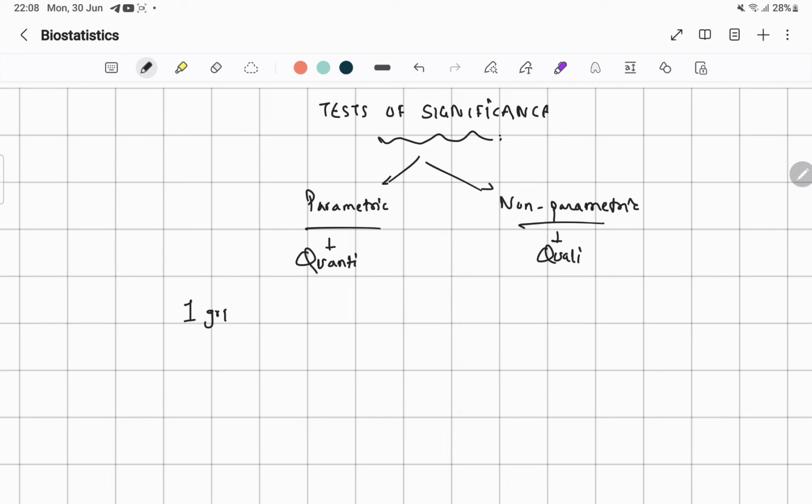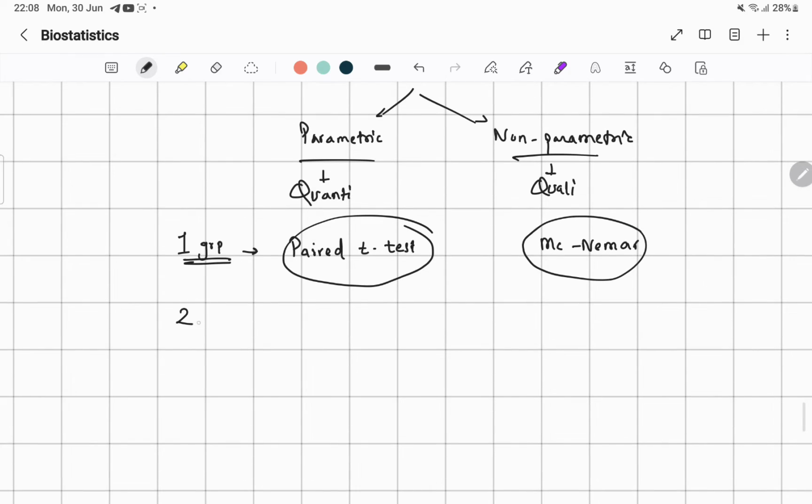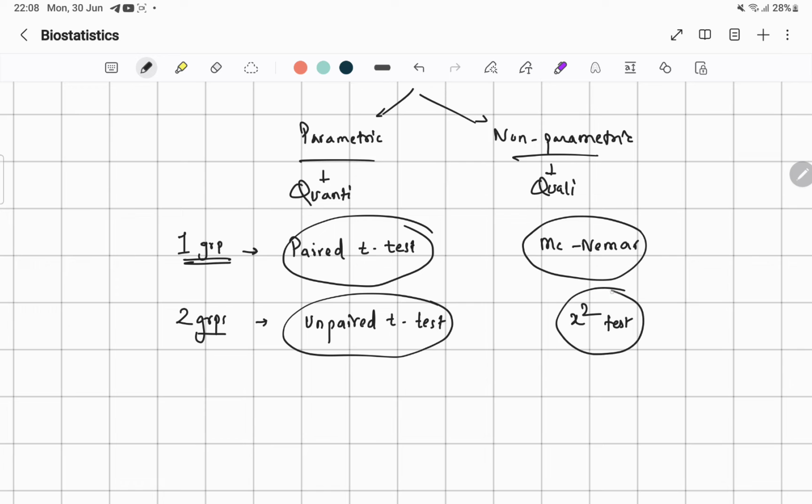If you have a single group, you will use the paired t-test, and for quali data, you will use the McNemar test. For two groups, you will use the unpaired t-test, and here you will use the chi-square test. This is the maximum used test, chi-square.